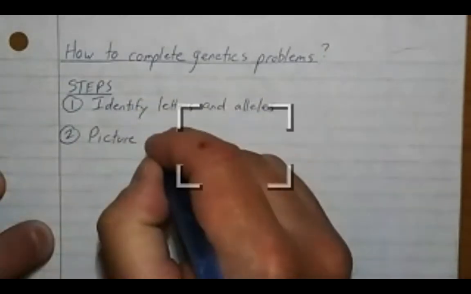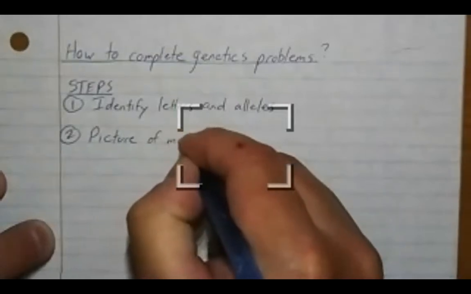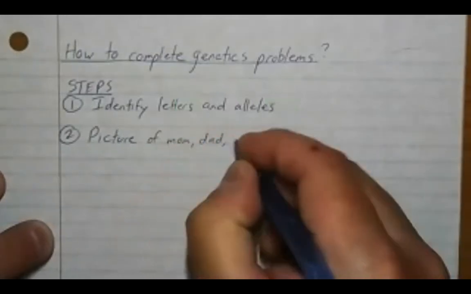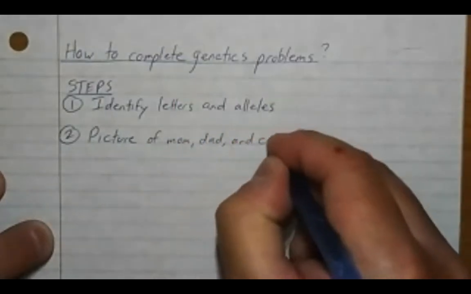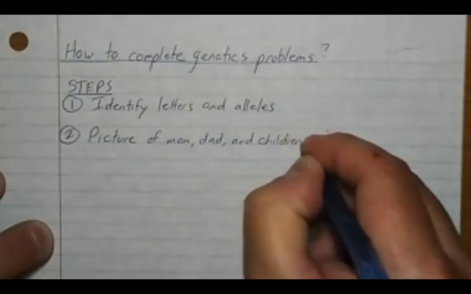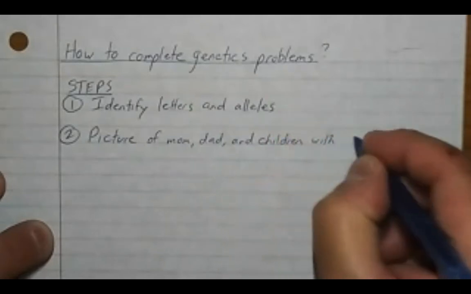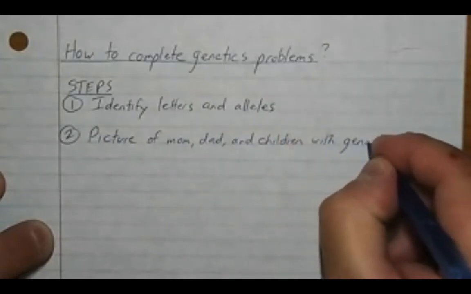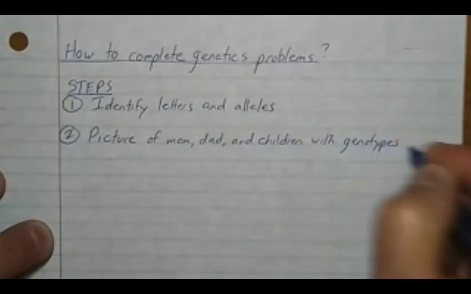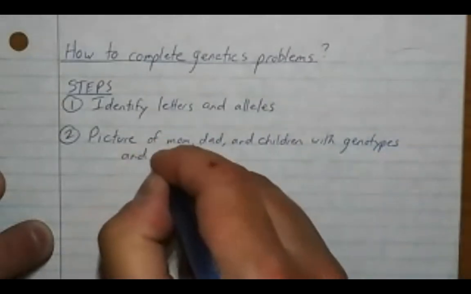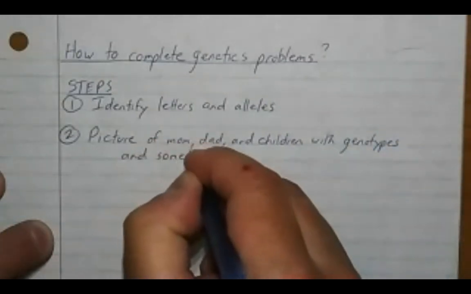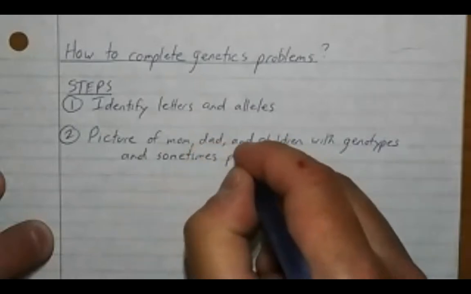So it's good to have a picture of mom, dad, and children with definitely genotypes and sometimes phenotypes, depends on what the problem is asking.